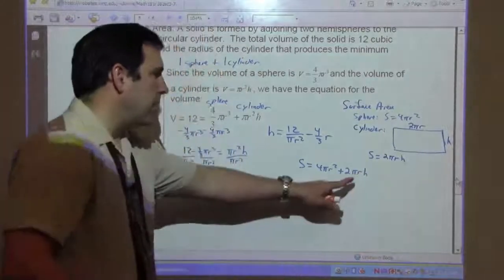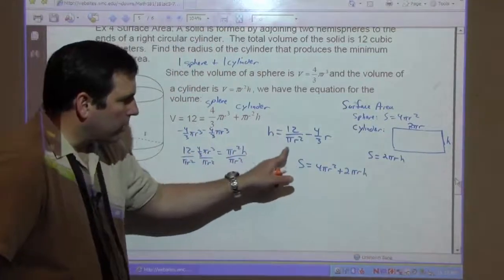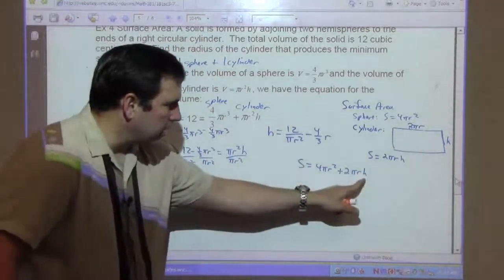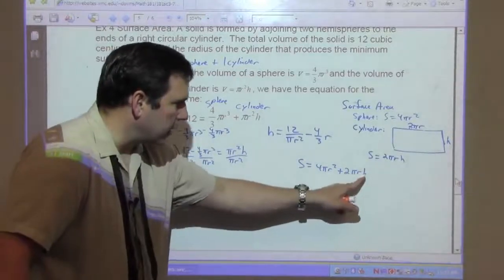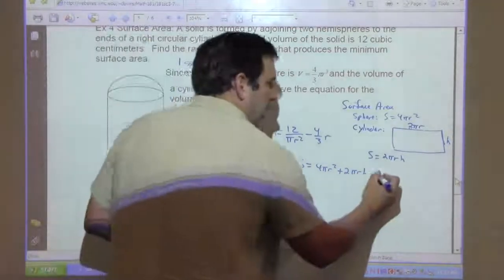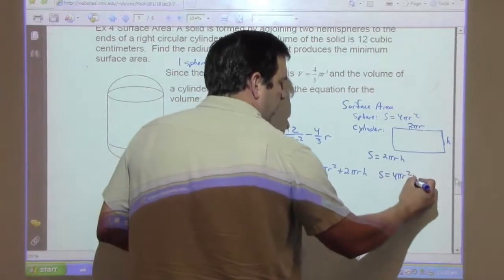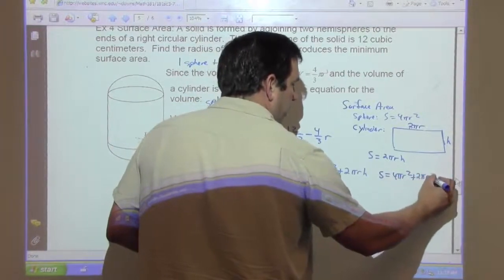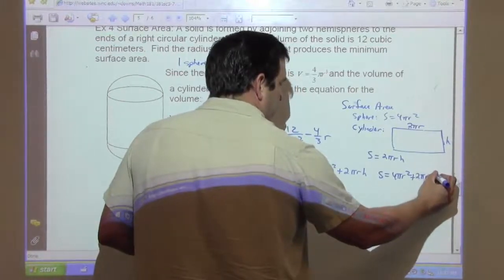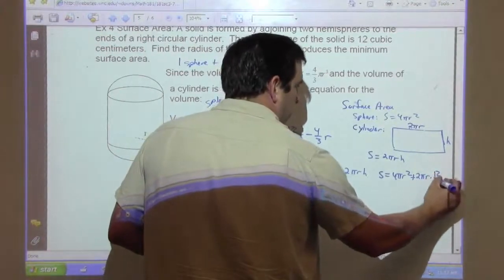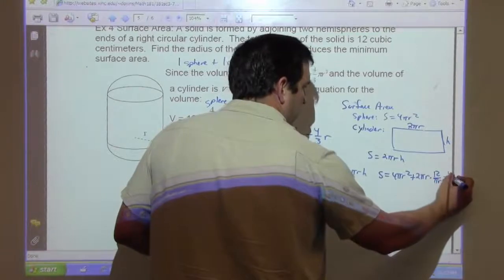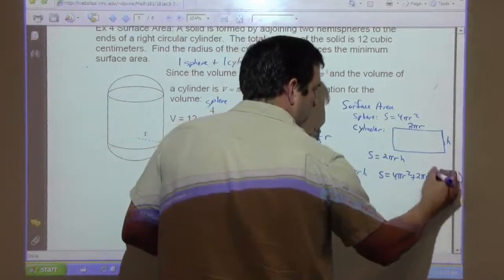So the issue is that we have an h in here. We're going to put this h in place of that. So this value for h in place of this h. So S equals 4 pi r squared plus 2 pi r times 12 over pi r squared minus 4/3 r.